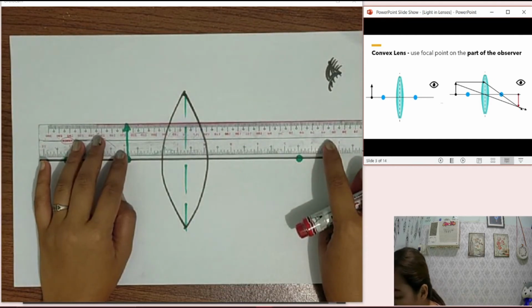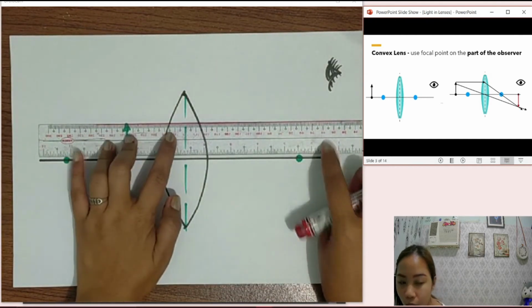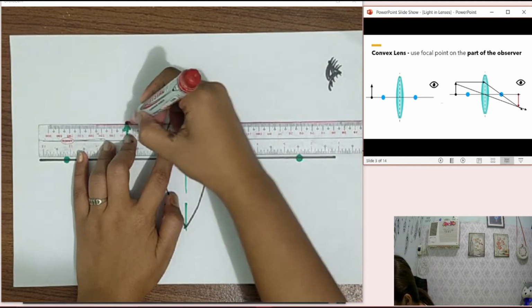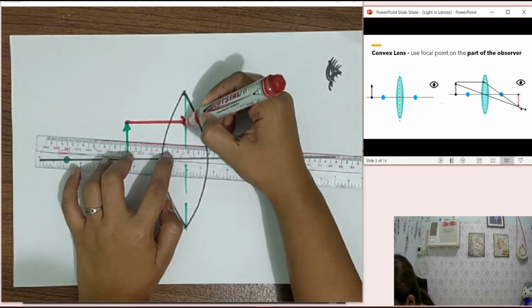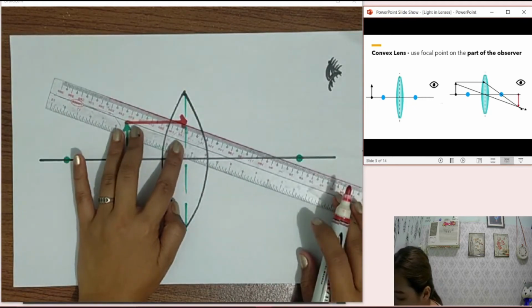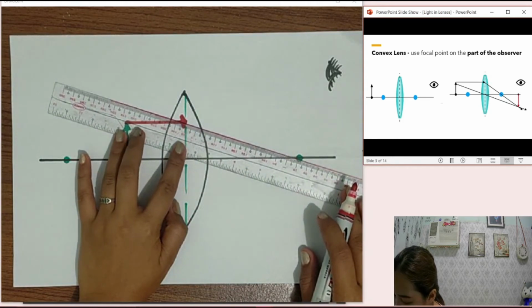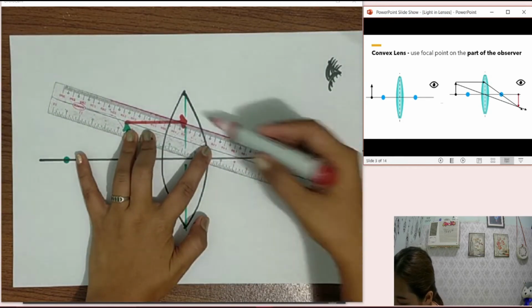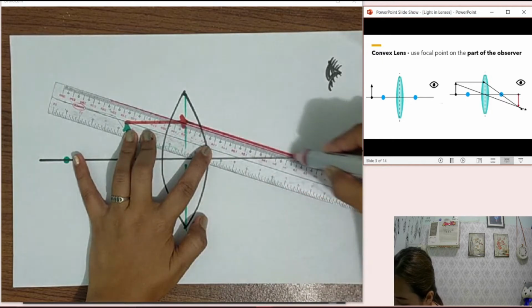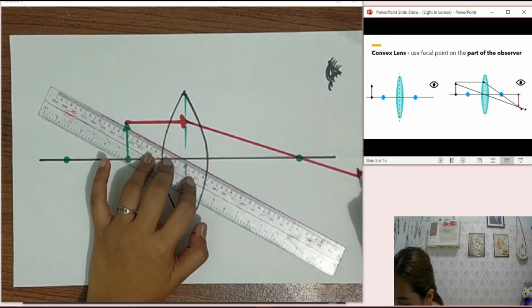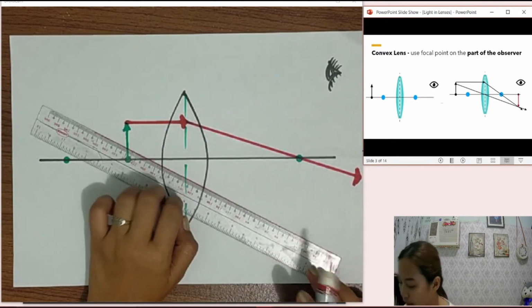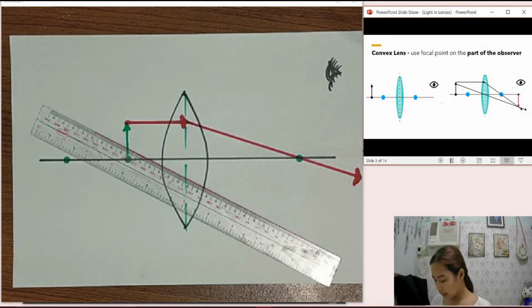So always make sure lang ang incident ray must always hit the center of the lens. Okay? Straight tiko. Okay, so nagtiko da siya. And then, for the next light ray, mas slant na siya ang next light ray.